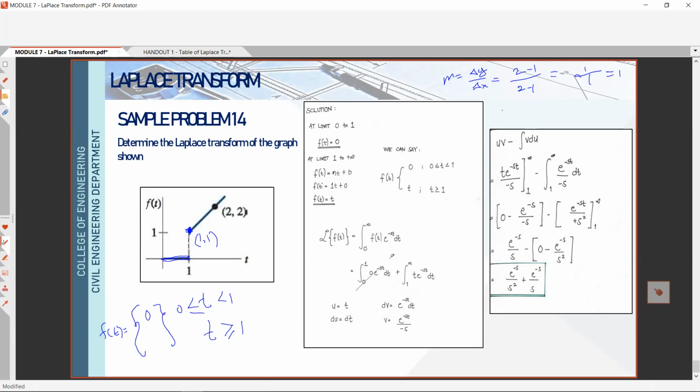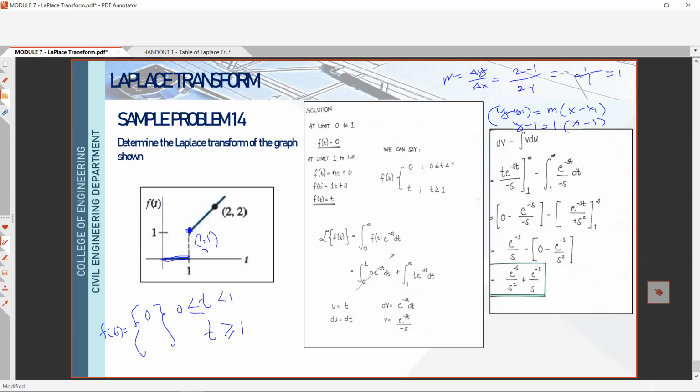Given 2 points and a slope, the equation of the line is y minus y sub 1 equals m times x minus x sub 1. So y minus 1 equals slope 1 times x minus 1.